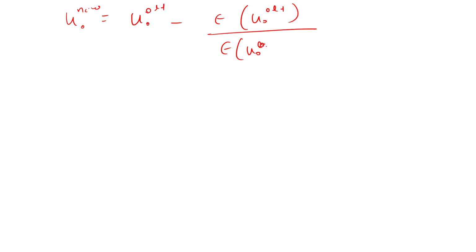So this u new is equal to u old minus epsilon u naught old divided by epsilon u naught old plus delta minus epsilon u naught old minus delta divided by 2 delta.